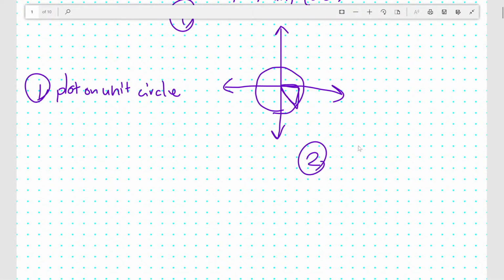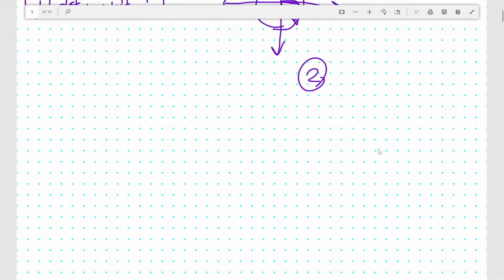2. Identify which special triangle is being used. For example, you have the half equilateral triangle, the 30-60-90, or 90-60-30, no matter what you want to say, it's the same.